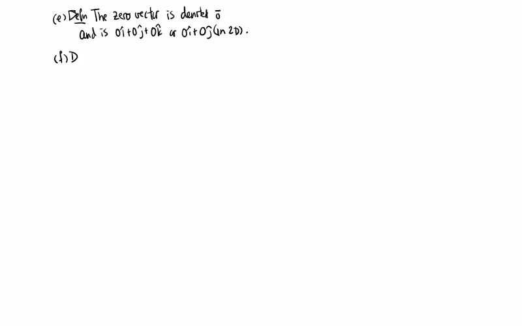So second thing on this page: one place vectors will come up a lot is if you have 2 points.